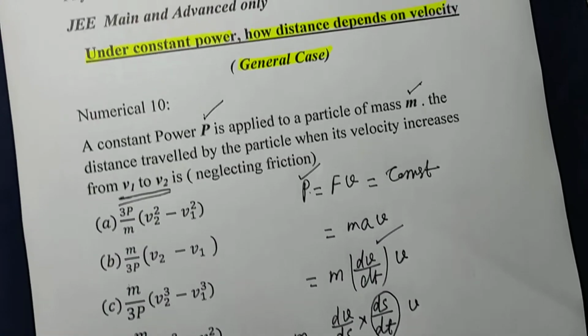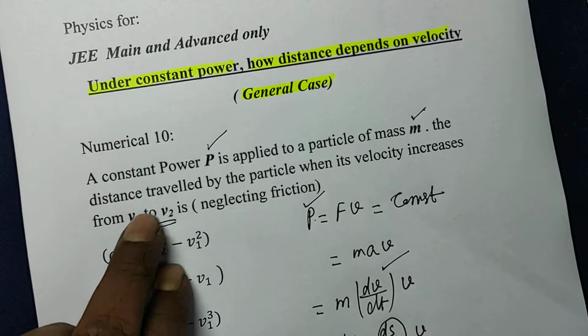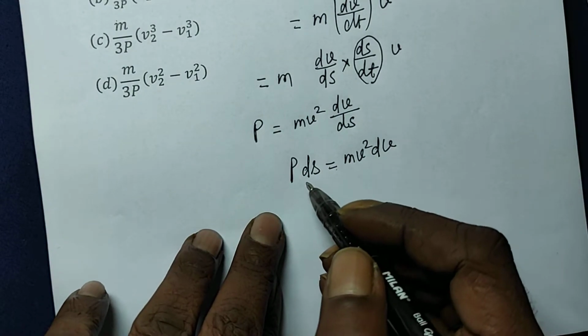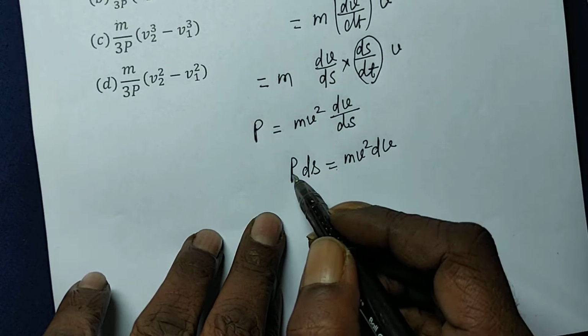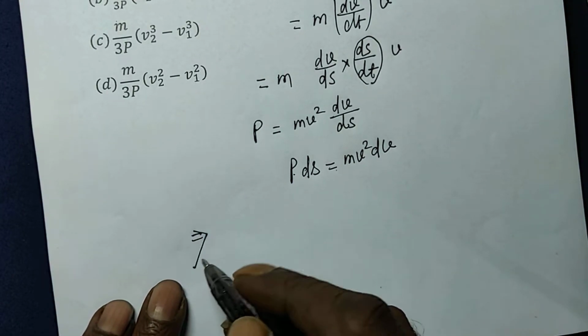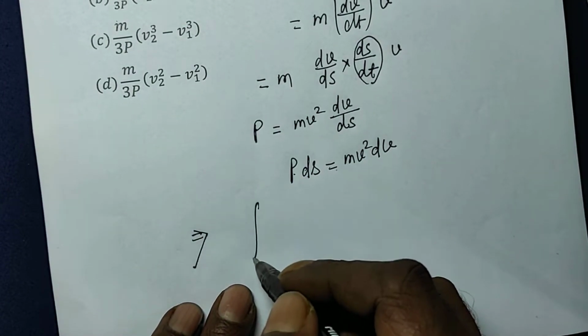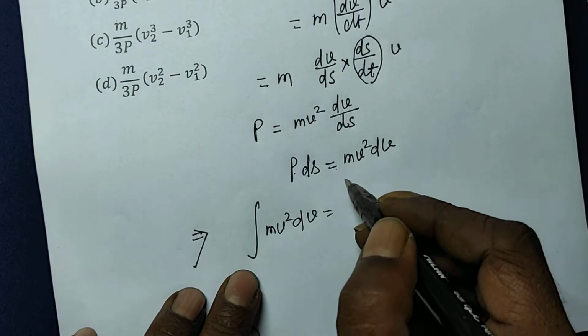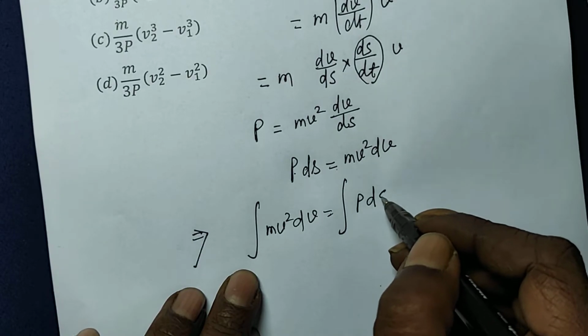The limit of integration for v is given, from v1 to v2. When we integrate the right hand side, the limit will be from v1 to v2, and power is constant, so it will be taken out of the integration. So this implies the integration of mv square dv is the integration of P ds.